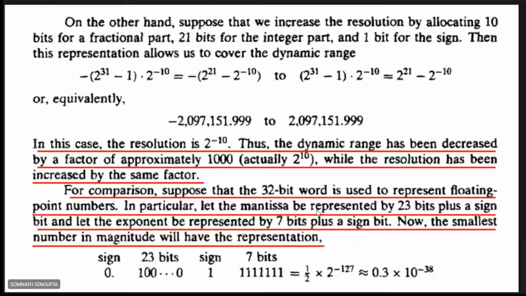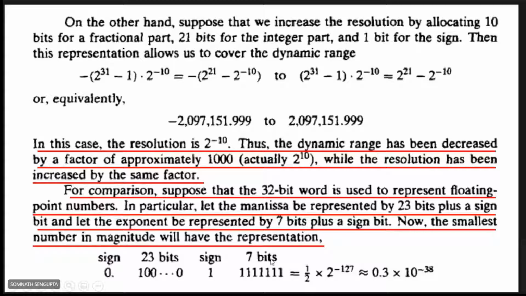So there are two sign bits in floating point, one for mantissa and one for exponent. Let us say we keep 23 bits in mantissa and 7 bits for exponent. So 23 plus 7 is 30, then plus 2 for sign bits. All total it is 32 bits.